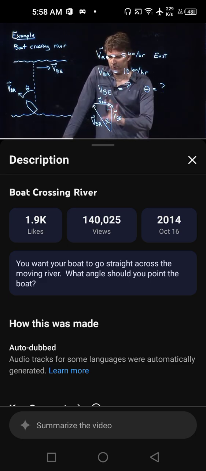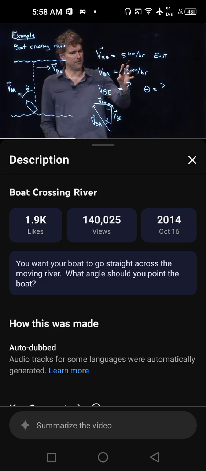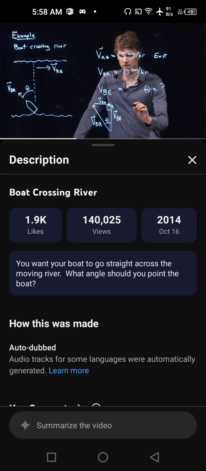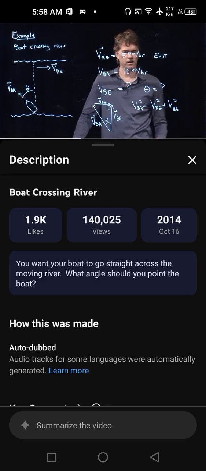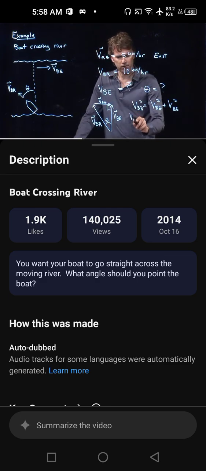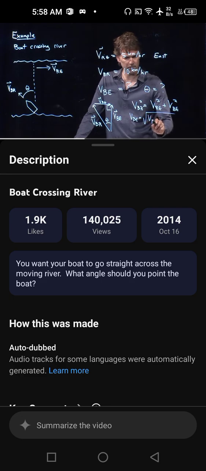And now look, we've drawn a triangle. We know that Pythagoras holds for this right triangle. We've got a 5, we've got a 10. We can solve this for VBE. VBR squared equals VRE squared plus VBE squared. And now we can solve this for VBE. VBE equals the square root of VBR squared minus VRE squared.